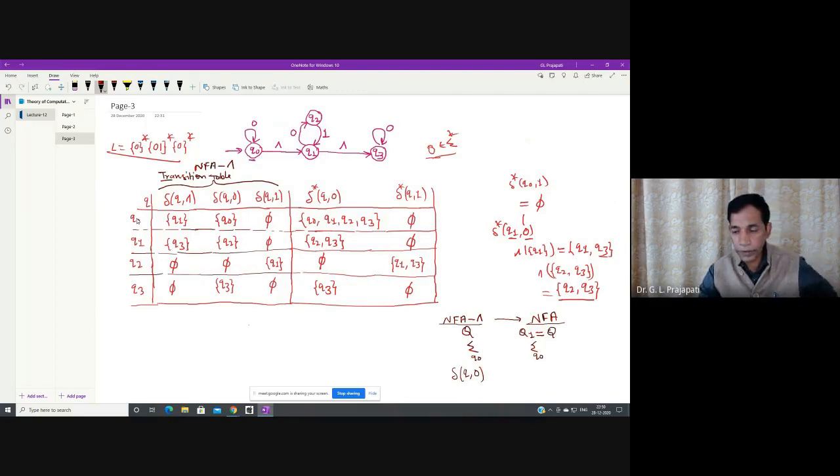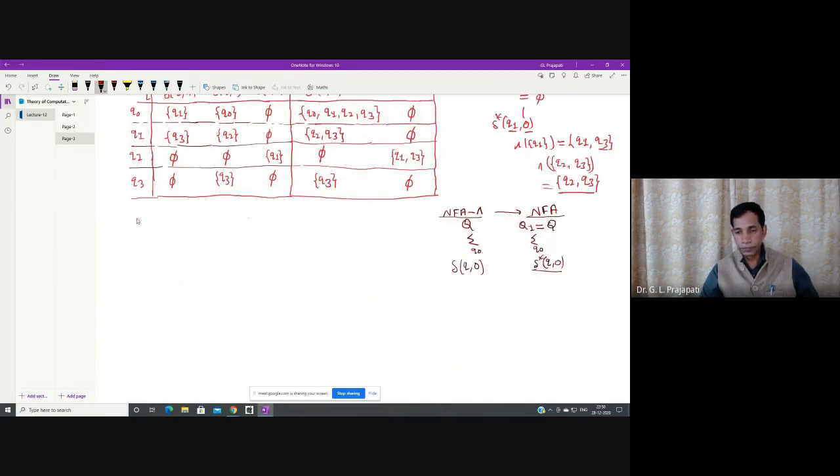So the transition of the NFA is like this. If you want to determine where you can go in case of the NFA, you need to determine the delta star. You have to compute the delta star of the NFA null whenever you are at q and you have the string 0. Once you compute this function, then you will come to know.